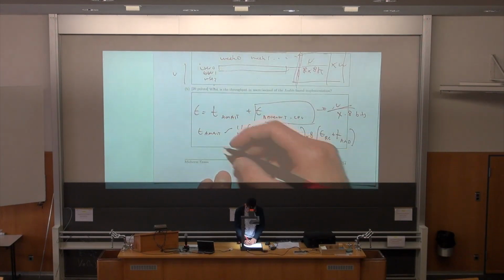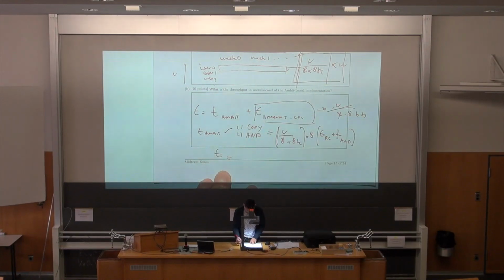So the total answer is going to be U times 8 plus 8 kilobytes. Oh, this is W. Times W, multiplied by TRC plus TAnd, plus U divided by X. Don't need these bits. So any question here?